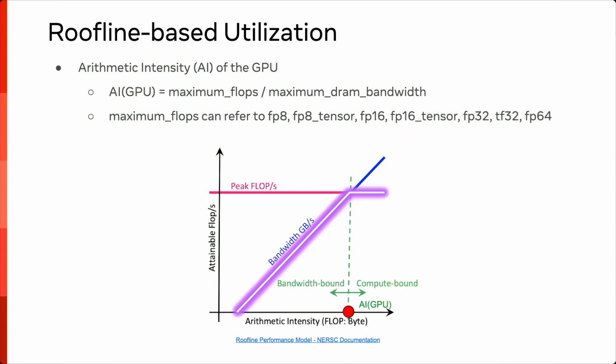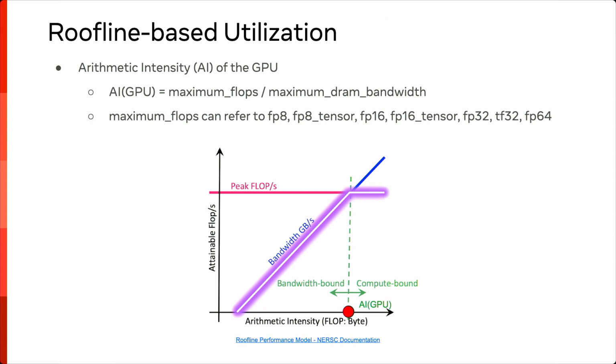This is just to give you a better sense of what roofline is if you haven't heard about it before. I believe some of you may have heard of it. In the roofline model, we need to compute one important metric, which is arithmetic intensity.